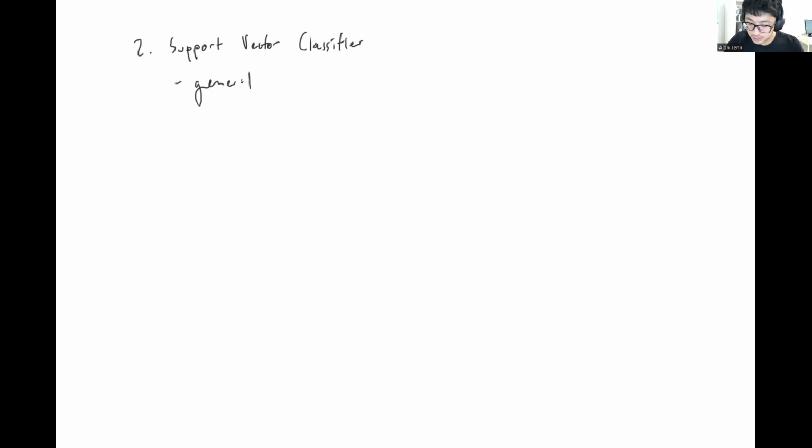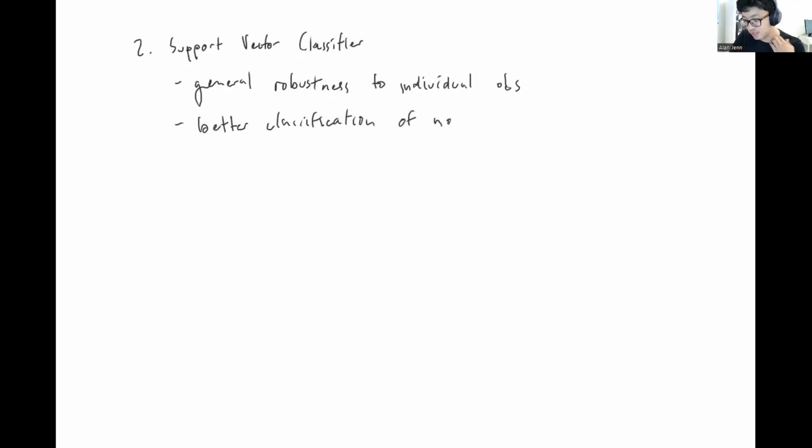So this has general robustness to individual observations, and better classification of most training observations.